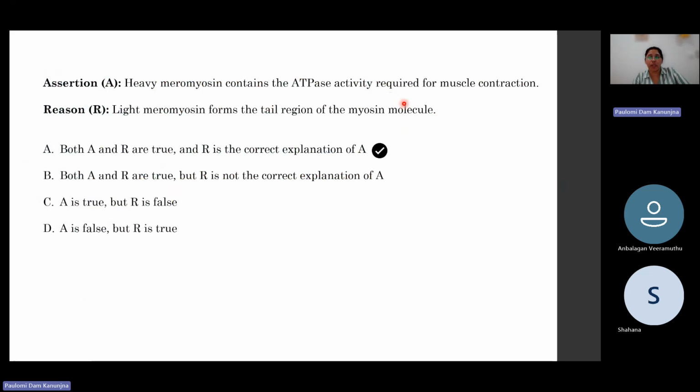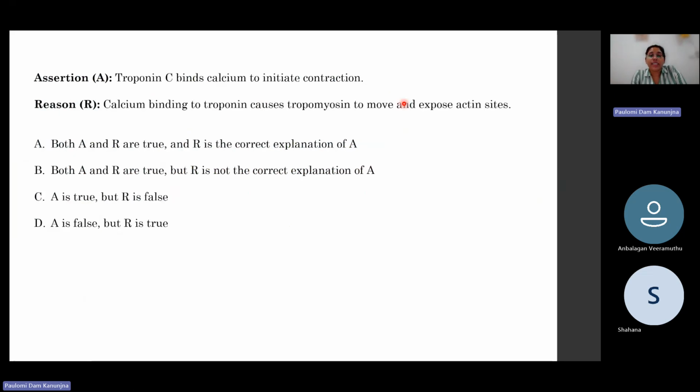Okay. Now, next one says troponin C binds calcium to initiate contraction. And calcium binding to troponin causes tropomyosin to move and expose actin sites. Read this and say if this is correct.